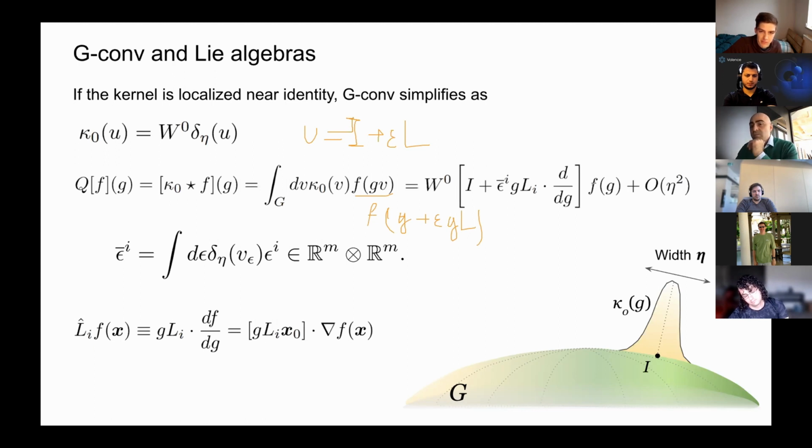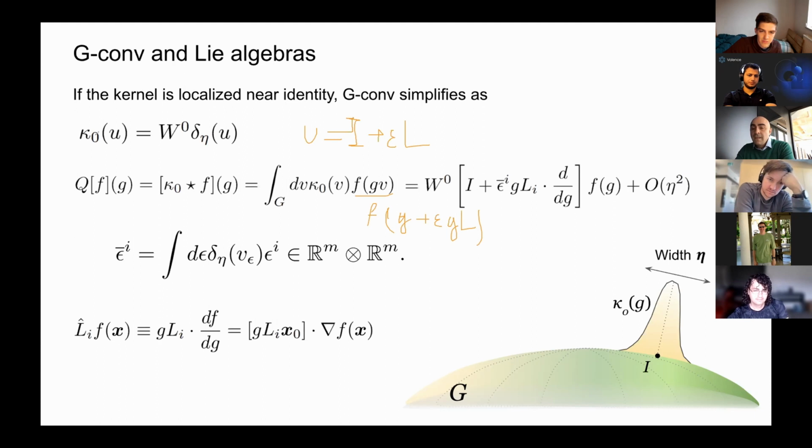Now, because the point that you're expanding around doesn't have the epsilon in it anymore, f of g comes out of the integral, and all of the integration is summarized into this coefficient epsilon bar and this other coefficient w0, which comes from what the kernel kappa was.